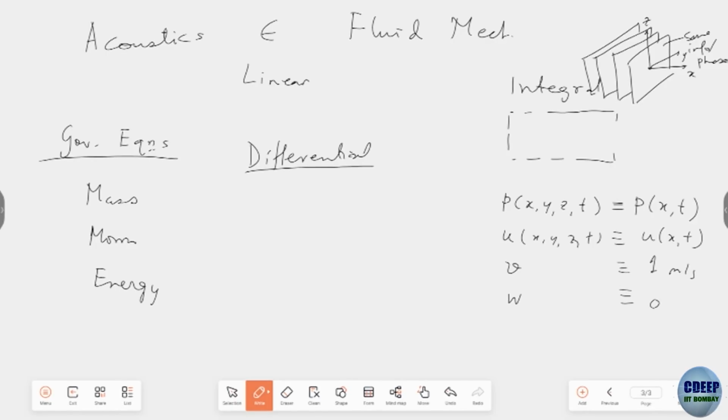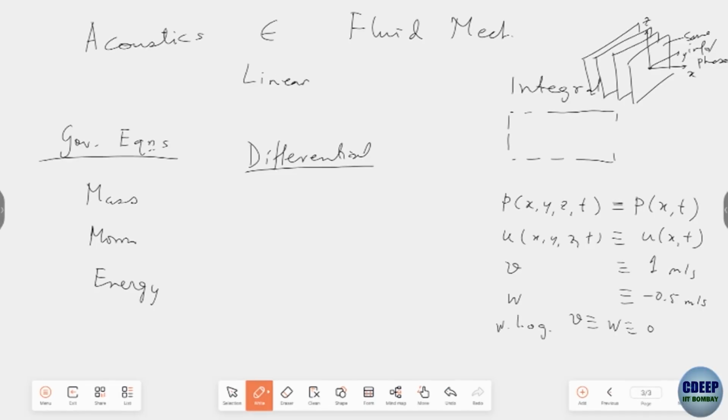Can we have a planar wave such that v is 1 meter per second and say w is minus 0.5 meter per second? We'll think through these possibilities as we go along, but we'll see that it's okay to assume that these are 0 without any loss of generality. So we can say that without loss of generality, v is equal to w is equal to 0. And we have to prove that as we go along.